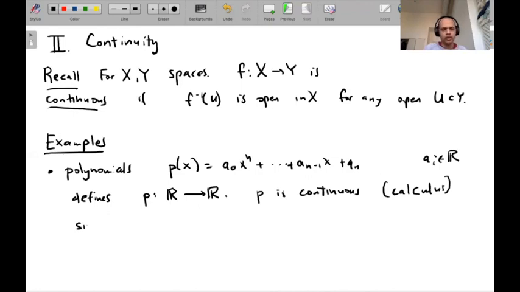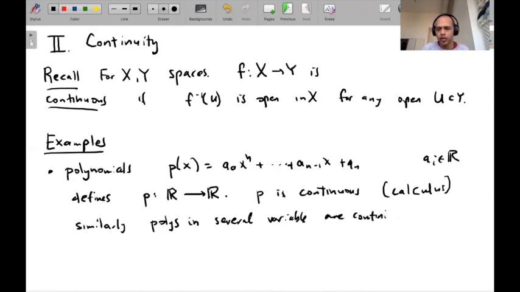And similarly, polynomials in several variables are continuous.